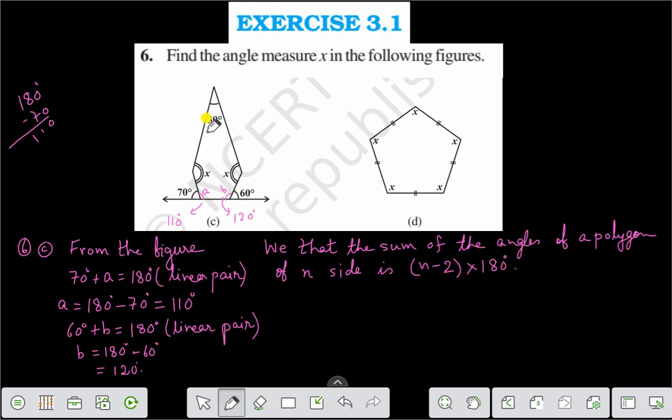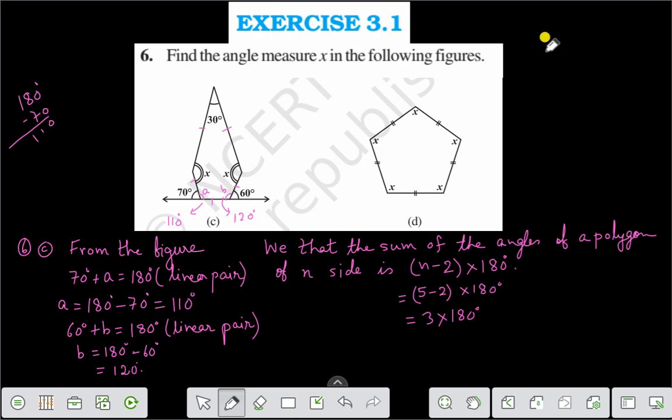In this figure, how many sides are there? 1, 2, 3, 4 and 5. There are 5 sides. Therefore, if we put the value of n as 5, then we are getting 5 minus 2 into 180 degree, or 5 minus 2 is equal to 3 into 180 degree.